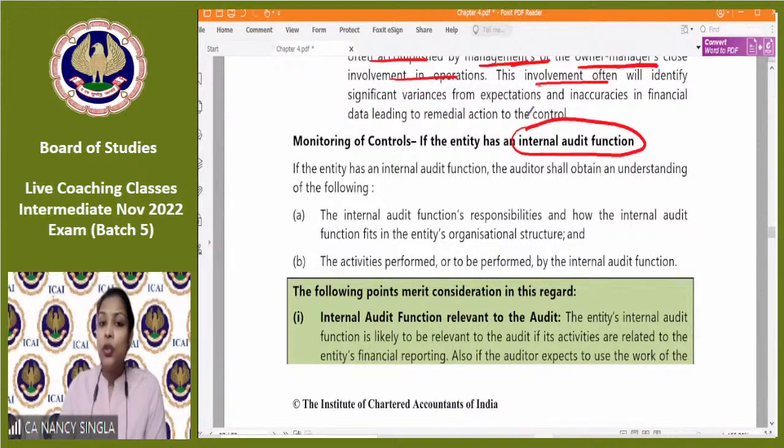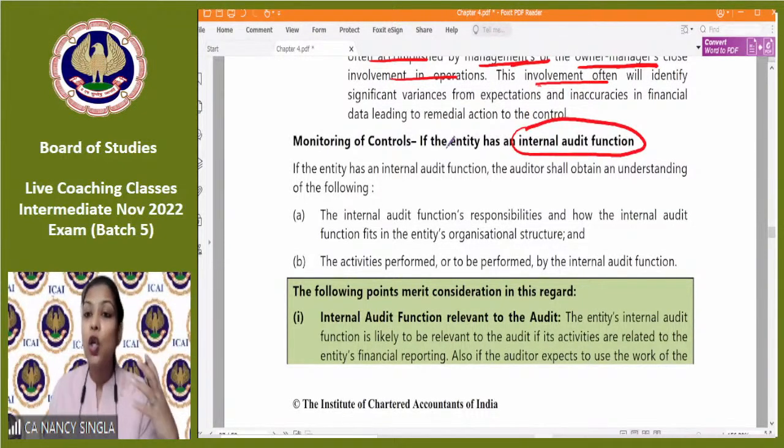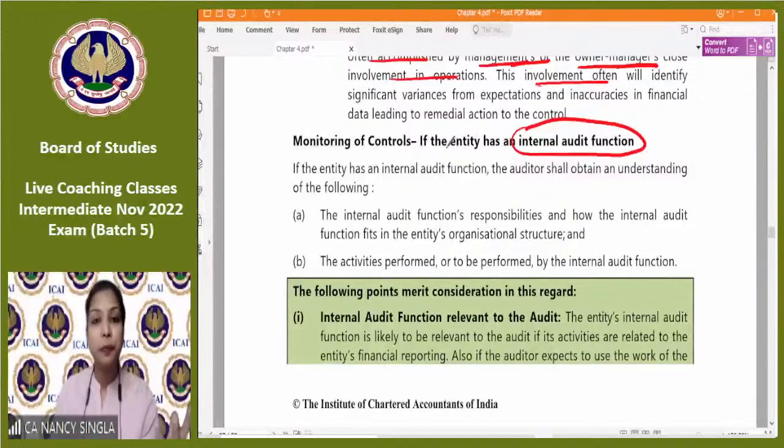The auditor shall obtain an understanding of the internal audit department's responsibilities: what activities it is performing and what activities it is going to perform. For now just try to understand this much, because when we do section 138 in this chapter, we'll understand this concept in detail.